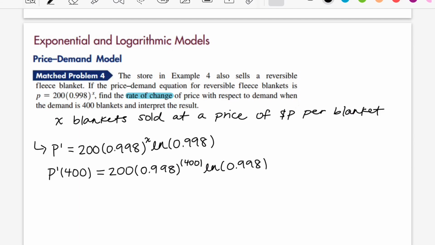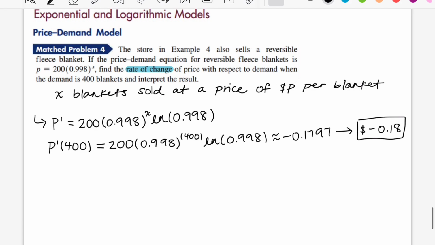And then plugging this into a calculator, we get roughly negative 0.1797. So this is going to be about minus 18 cents.